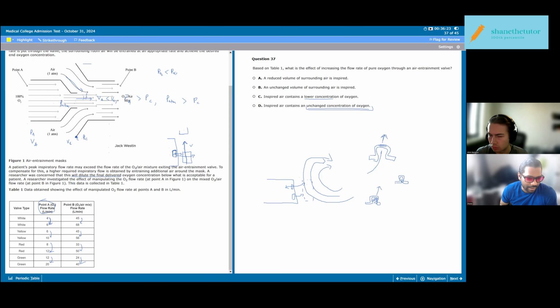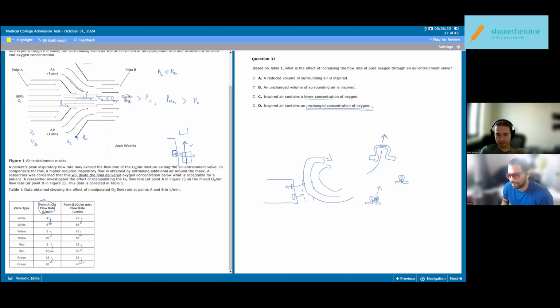And then the researcher's concern about this diluting it is the reason that he did this experiment. And it's a little tricky because they're not really telling us what the conclusion was of this experiment. But what I see is that we essentially have a proportional increase of flow rate at point A and at point B.